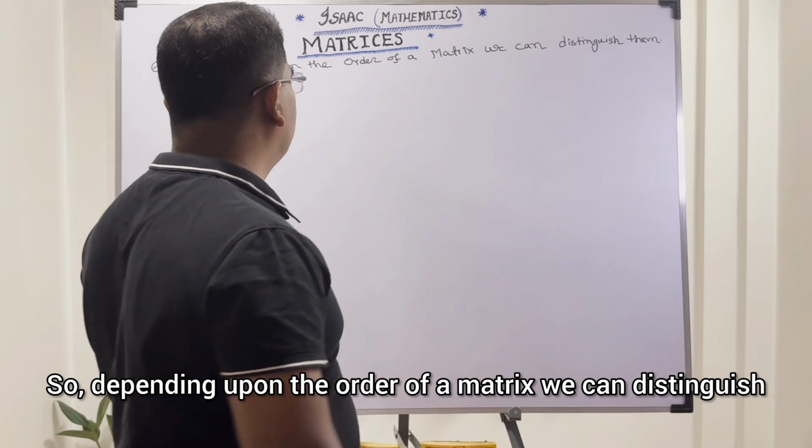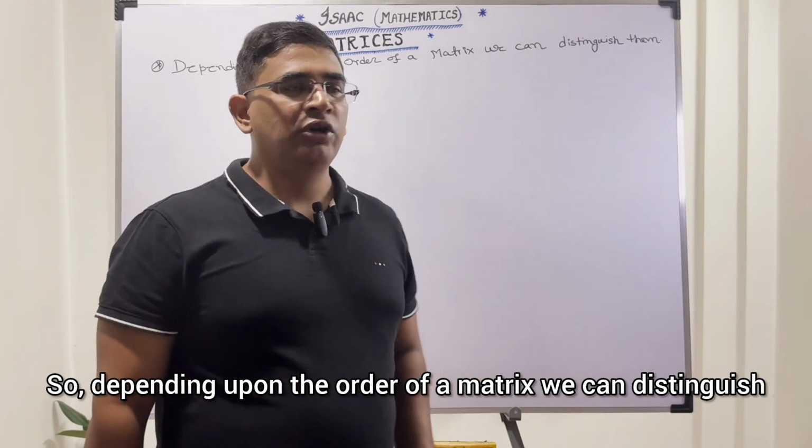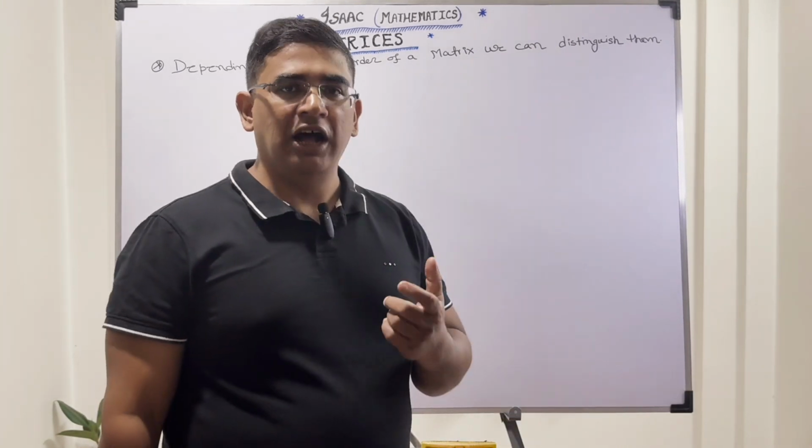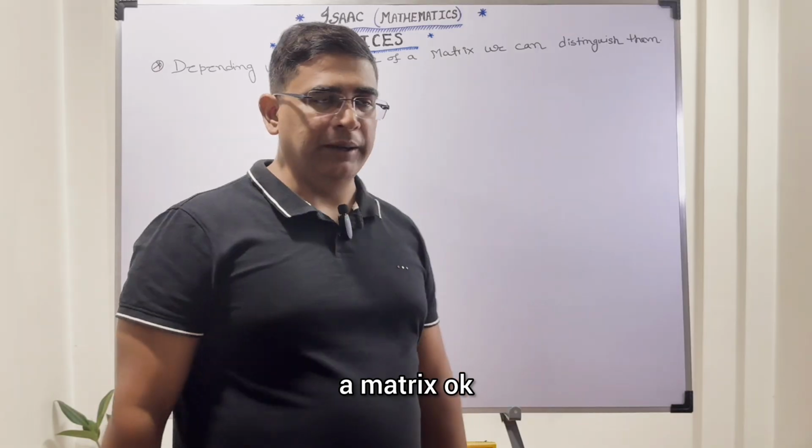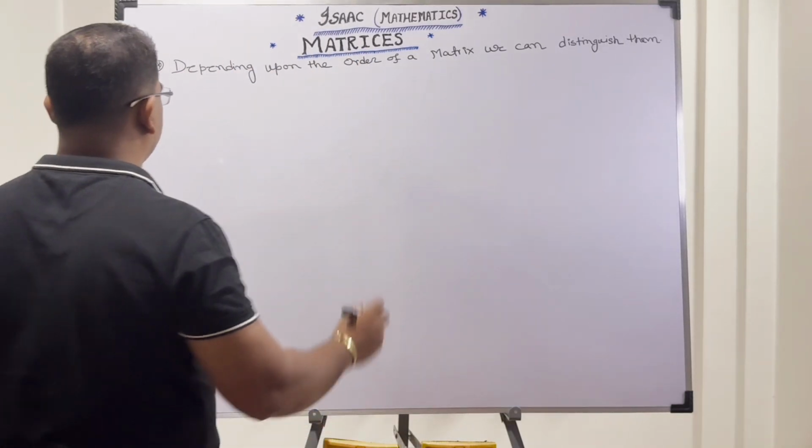So depending upon the order of a matrix, we can distinguish a matrix. Okay. How?